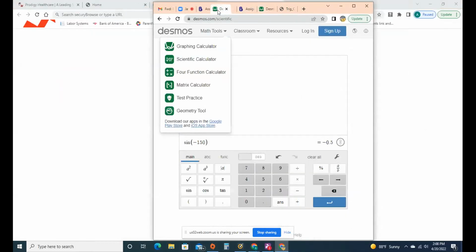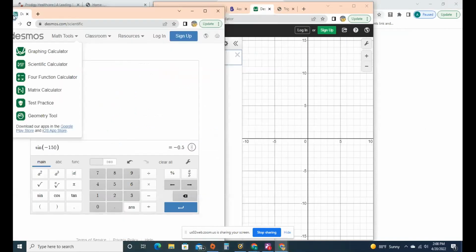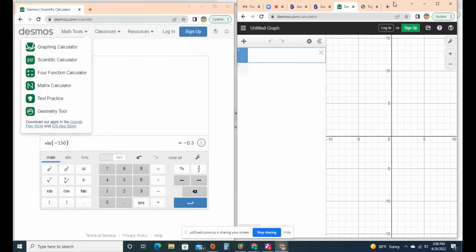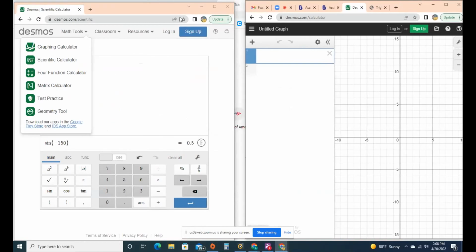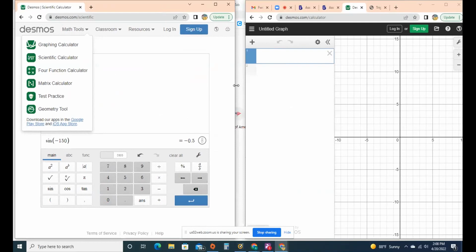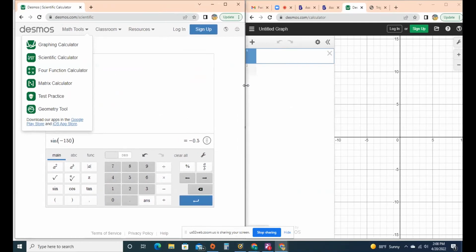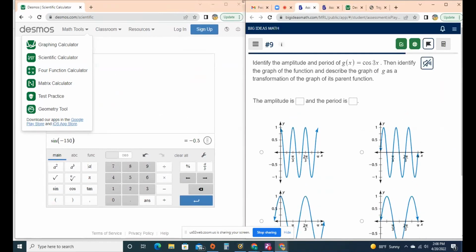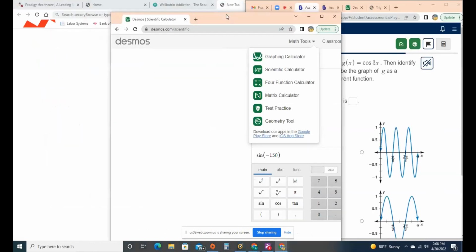What I'm asking for is the problems that we're doing on one side of the screen and then the graphing calculator on the other. Oh, okay. If you want this on the left there, just choose graphing calculator from that drop down there.